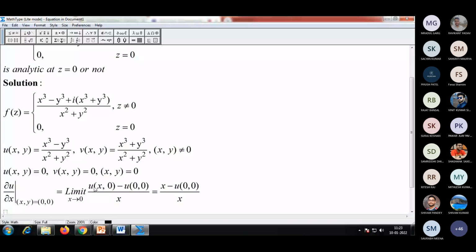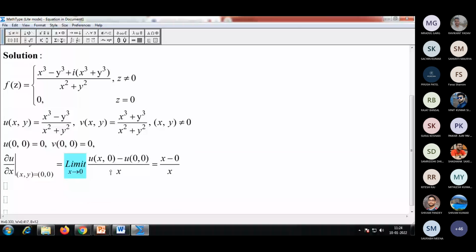So the value of u(0, 0) is 0. You may say here directly u(0, 0) is 0, v(0, 0) is 0, then no need to use this one. And the limit is there, so as x tends to 0, ultimately it is coming 1.